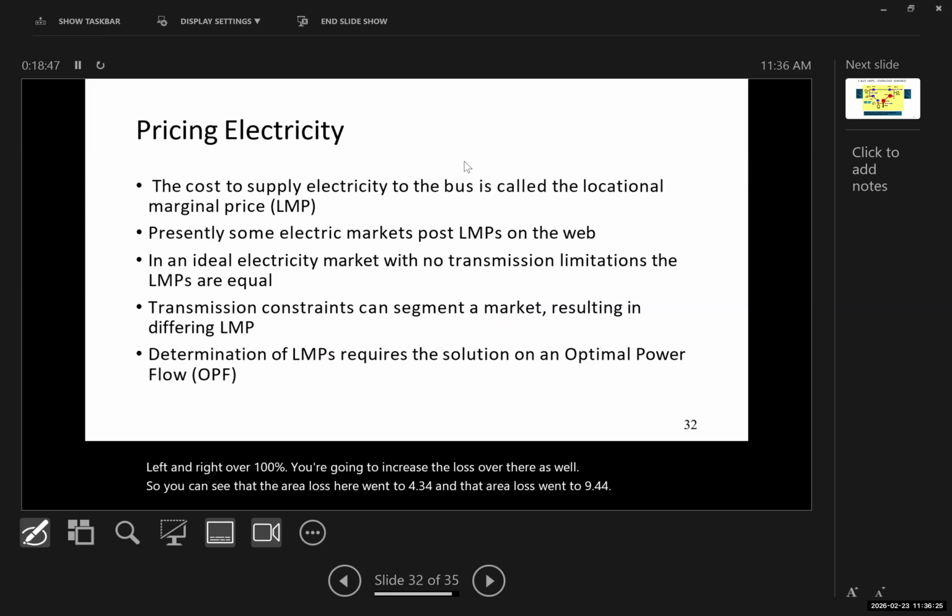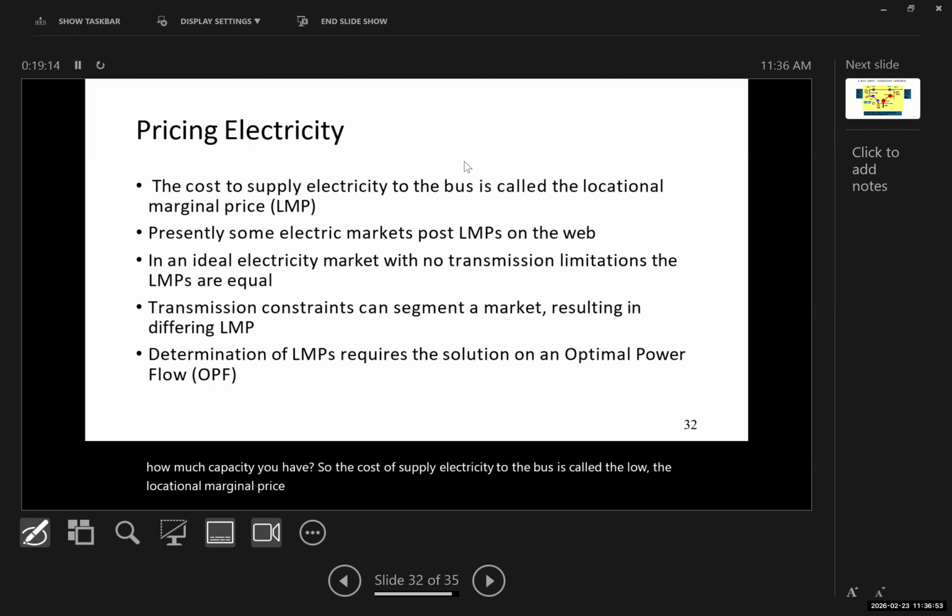Now that we learn about the transmissions, we learned that the pricing of electricity does not depend only on the generator. It also depends on the transmission. Where do you get the power from? How far is it? How much capacity do you have? So the cost to supply electricity to the bus is called the locational marginal price, or LMP.